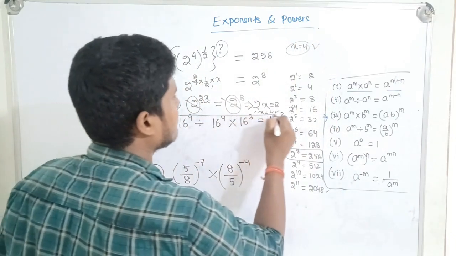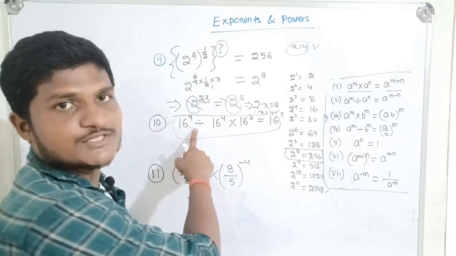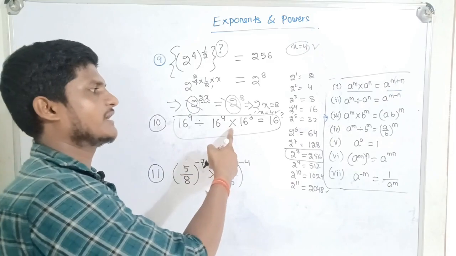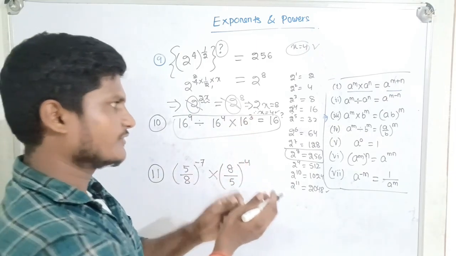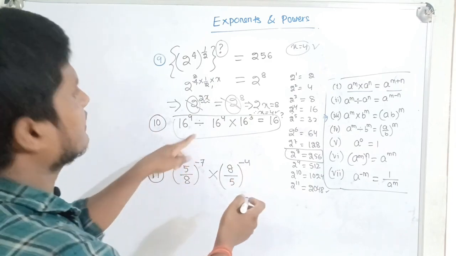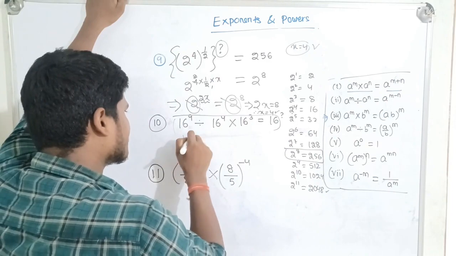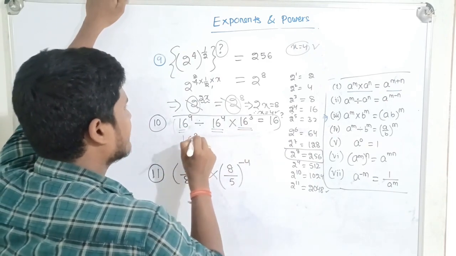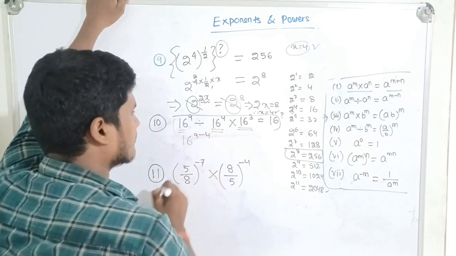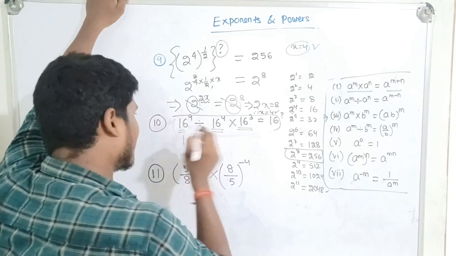Look at this question: 16 to the power 9 divided by 16 to the power 4 multiplied with 16 to the power 3. In this form you can write it directly: 16 to the power 9 minus 4, plus 3.